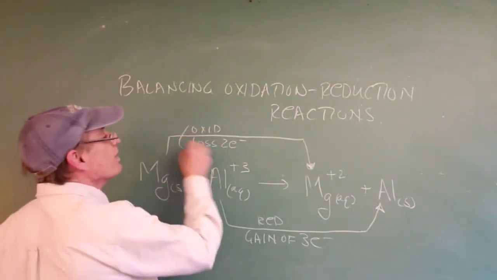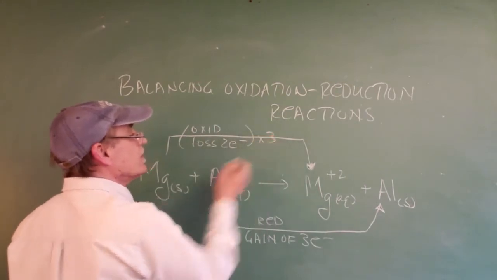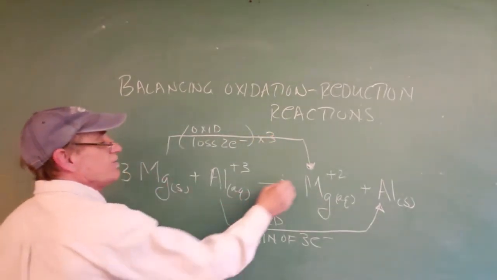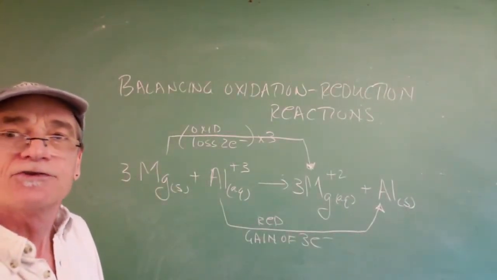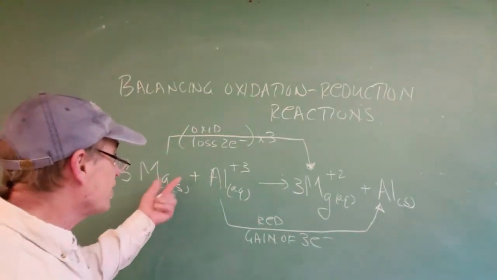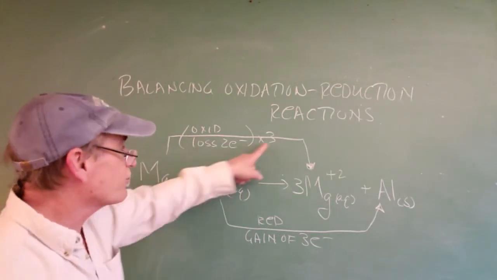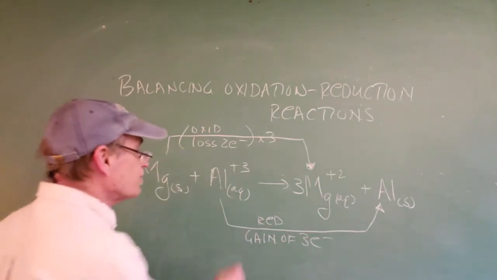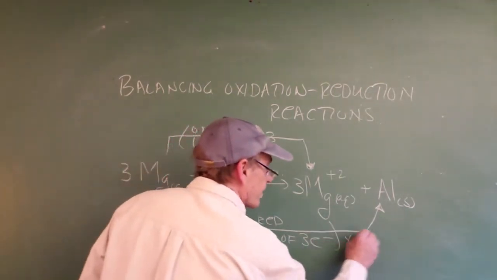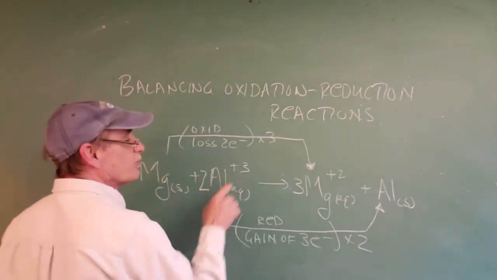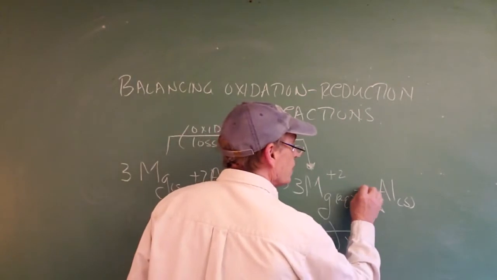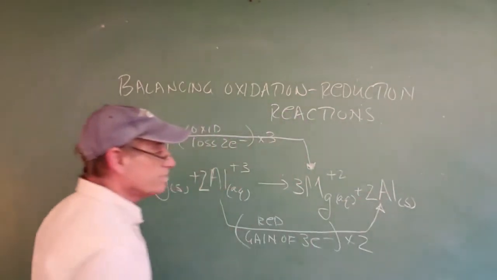In that case, I'd need to put a 3 in front of the magnesium and a 3 in front of the magnesium +2. So that would represent 3 magnesiums, each losing 2 electrons, for a total loss of 6. And I'd have to double the reduction and put a 2 in front of the aluminum aqueous +3 ion and a 2 in front of the aluminum solid.